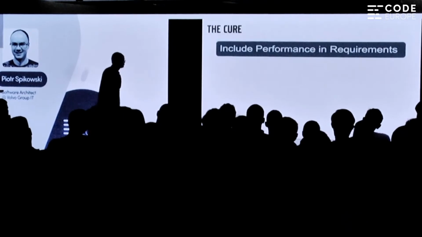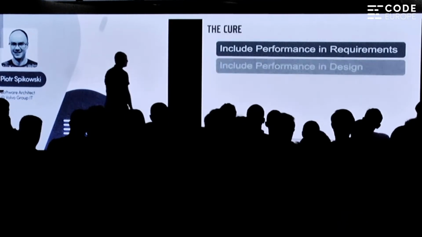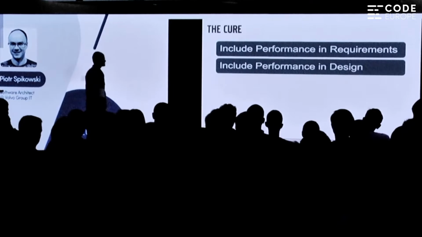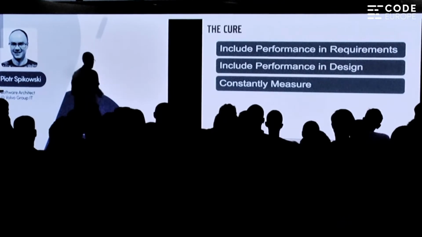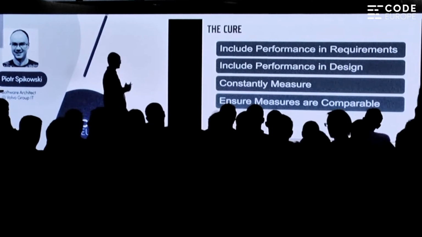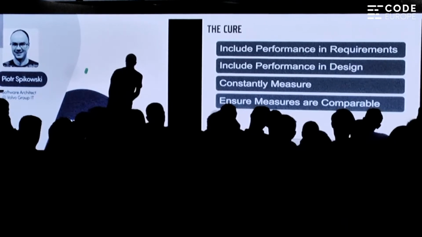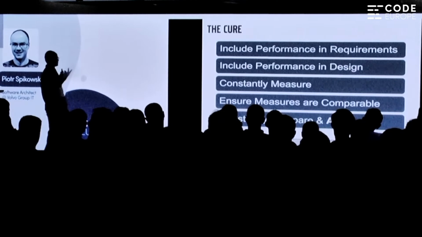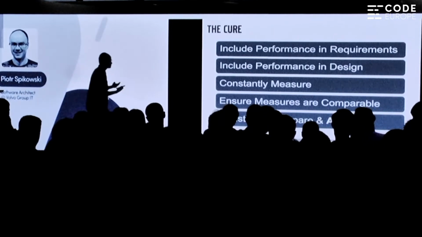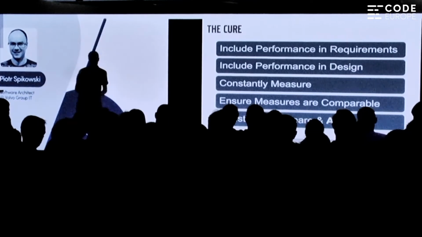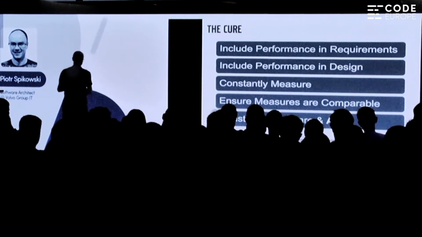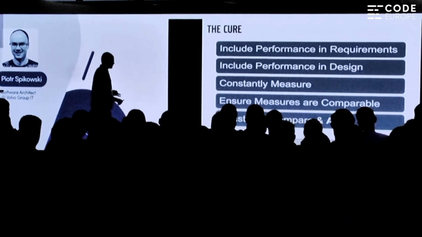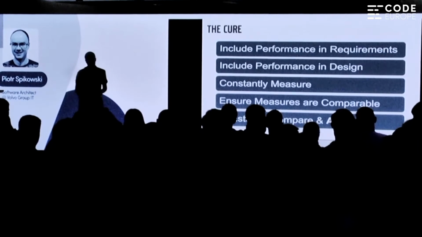So what's the cure, without any surprises? Include performance in design, measure things, ensure that what's measured is comparable, so ensure that you measure on the same environment, on the same or similar hardware, using the same runtimes, etc. And if you really measure something, act.